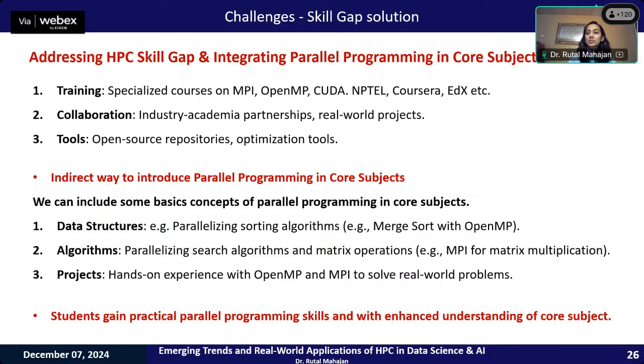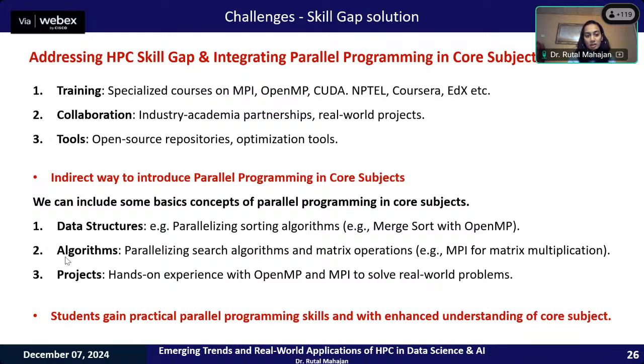And I ask the students to observe the effect of the parallelization versus the serial algorithms. That sparks interest in the students, and they are introduced to parallel programming in the simplest possible manner, not through a specialized subject but with the core subject only. That is possible.